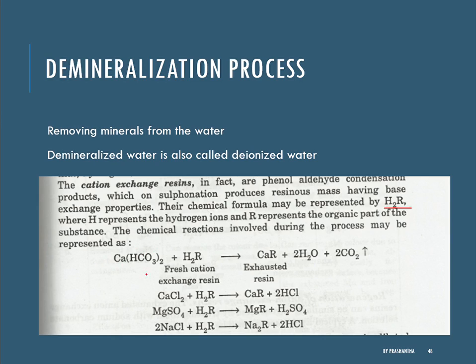Whatever carbonate and bicarbonate hardness is there reacts with the fresh cation exchanger. The calcium is exchanged with R, the organic part, so CaR will be formed, and H2O and carbon dioxide are liberated. If calcium chloride or magnesium sulfate or sodium chloride is there, in every case the calcium or magnesium or sodium is combined with R, the organic part.